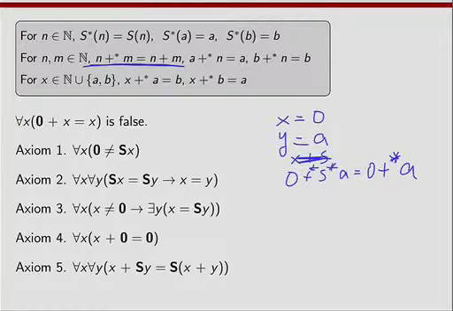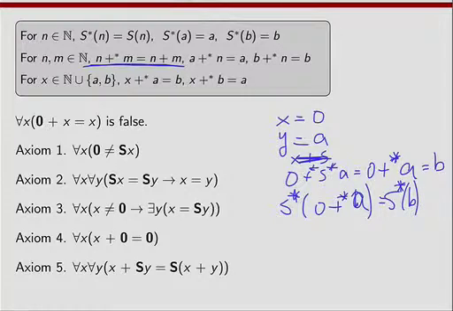And now, if a is on the right, anything plus star a must be equal to b. Okay, so now let's see successor star of, now x is equal to 0 and y is equal to a. Again, anything plus a on the right gets interpreted as b, so this is going to be successor star of b.